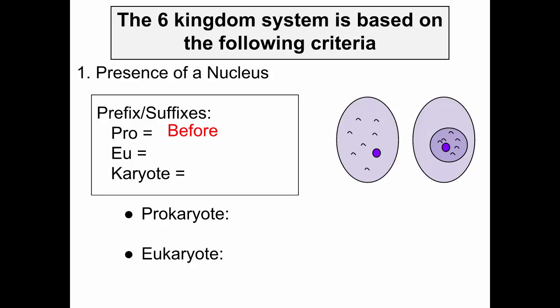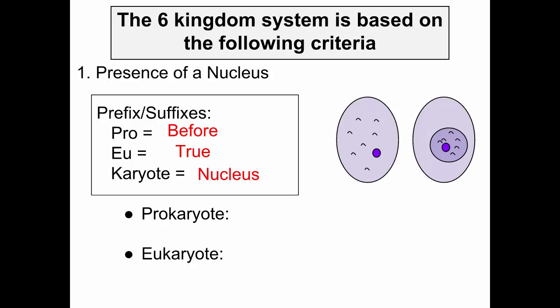The prefix eu before a word means true. And the root karyo means having to do with the DNA, the nucleus. So you could probably figure out what these words mean.